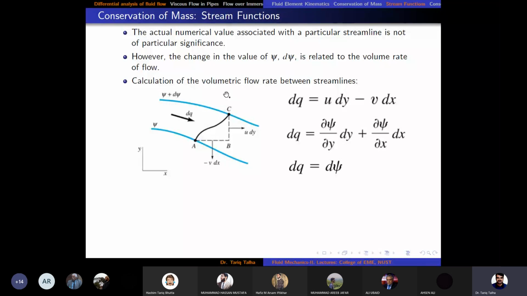So here, if we calculate the volumetric flow rate between streamlines, you see that we have taken two streamlines here.